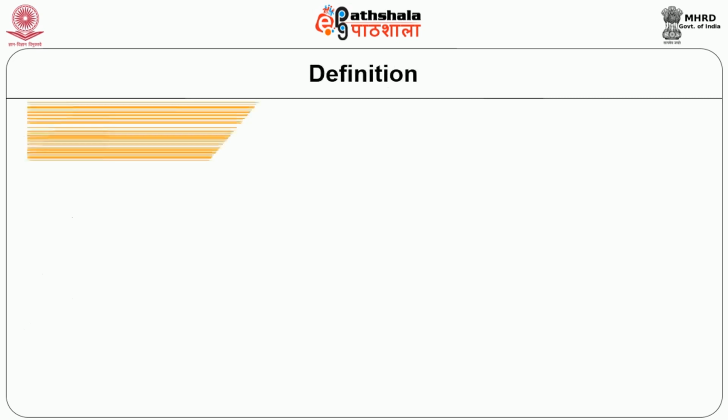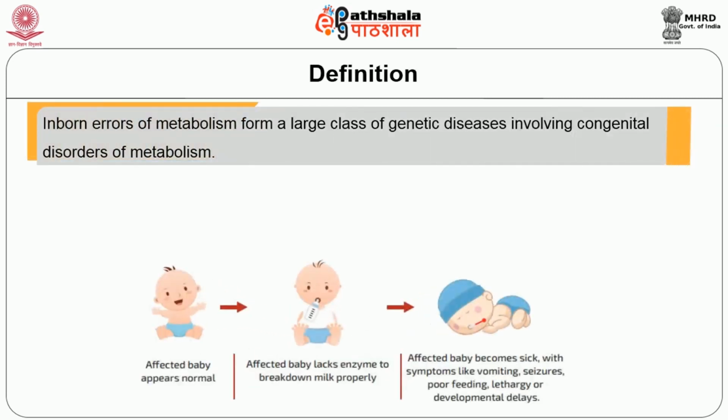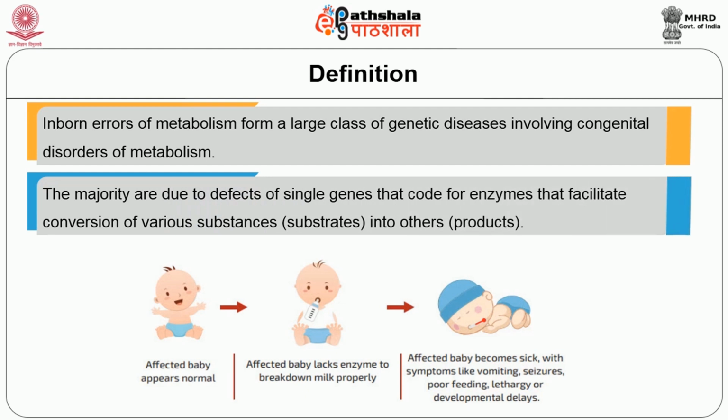To define this, inborn errors of metabolism form a large class of genetic diseases involving congenital disorders of metabolism. The majority are due to defects of single genes that code for enzymes that facilitate conversion of various substances, or you call them substrates, into others, that's the products.